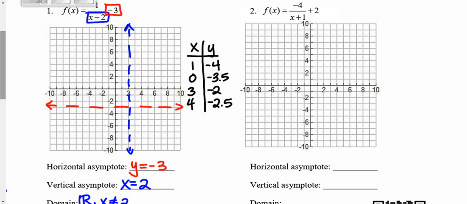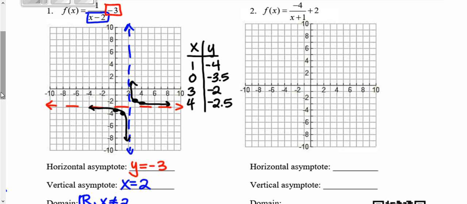And then I'm going to plot all of these points. So 1, negative 4, 0, negative 3.5. Okay, so they're all really close together, but that's okay because when you start graphing, you can see how they would connect to give you those 2 parts to your rational function.